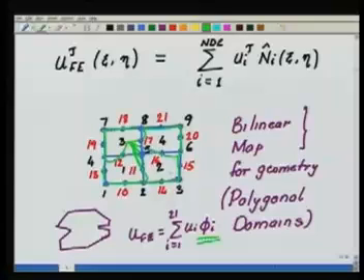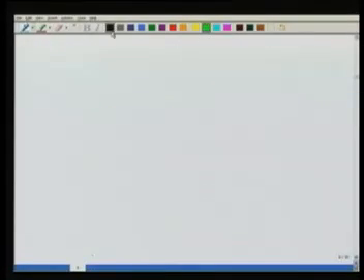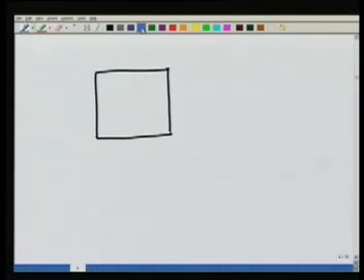Now given this, we also have to construct the local to global enumeration. So let's say I am talking of element 2. For element 2, let me do the local enumeration. So the local is 1, 2, 3, 4, 5, 6, 7, 8.